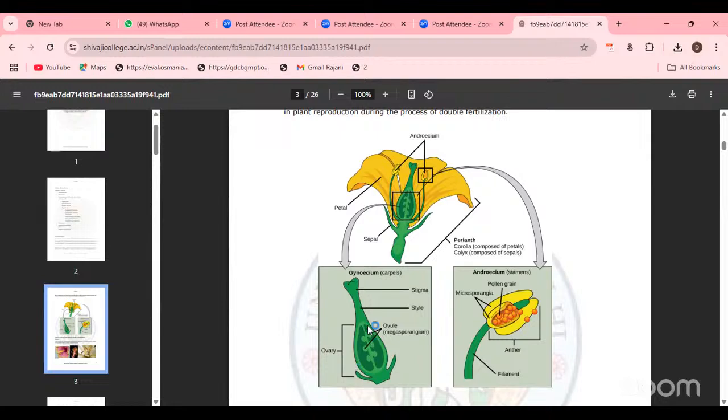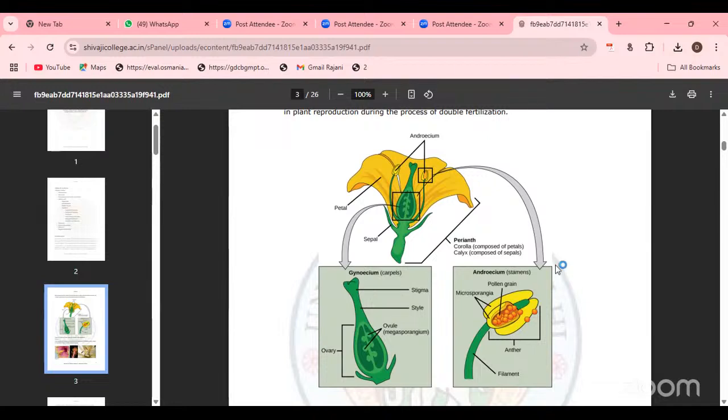Above the ovary you can observe the stigma, style and ovary. This is the stigma, this is the style, and these are the ovules inside. This part is the ovary, and the whole is called the carpel.